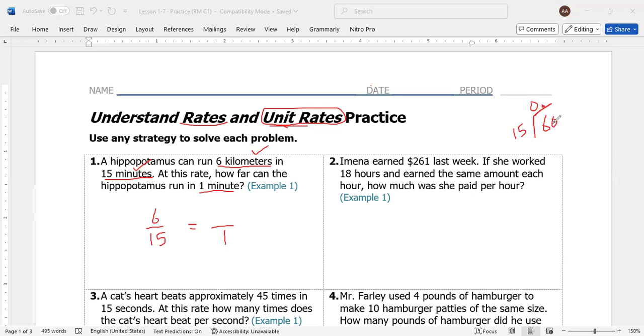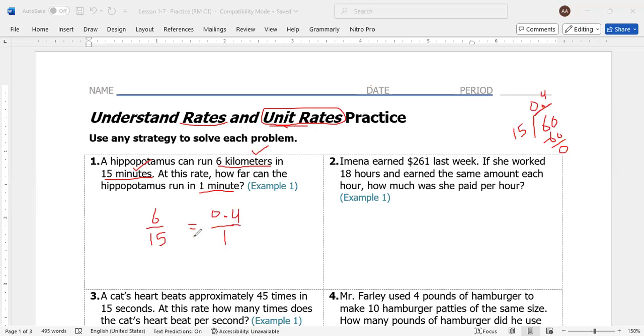Now we have 60. How many 15s are in 60? 15 times 4 gives us 60. So it means the distance will be 0.4 kilometers in 1 minute. With 1 in the denominator, for any 1 minute, we call it the unit rate, and this is the unit rate.